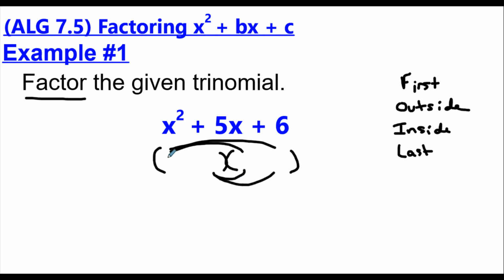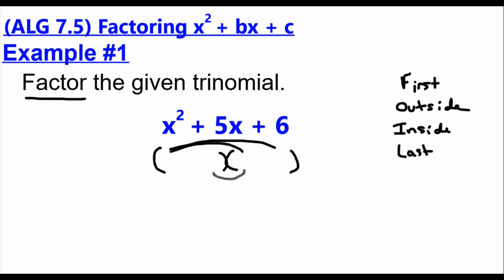So we are going to be thinking in the back of our minds about FOIL, first, outside, inside, last, and what numbers or variables would have to go in those four positions that when I FOIL this together gives me this trinomial.